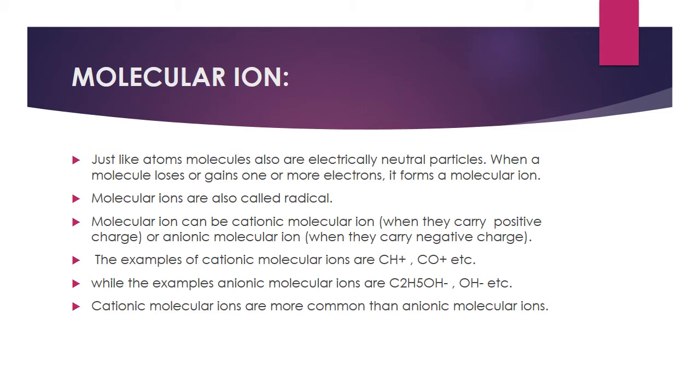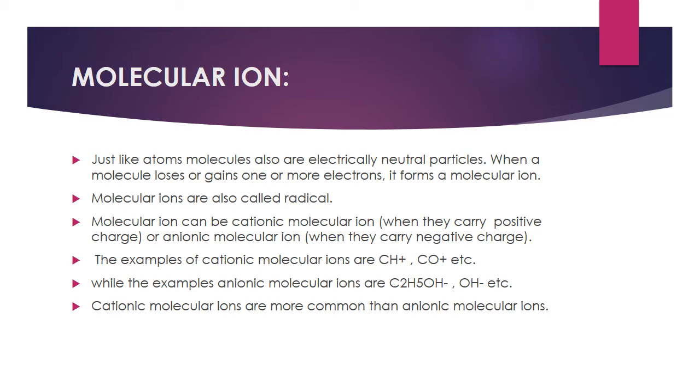Molecular ion. Just like atoms, molecules are also electrically neutral particles. When a molecule loses or gains one or more electrons, it forms a molecular ion. So, a molecular ion is actually the charge carrier, but a molecule as a whole will carry that charge when a molecule loses or gains electrons.